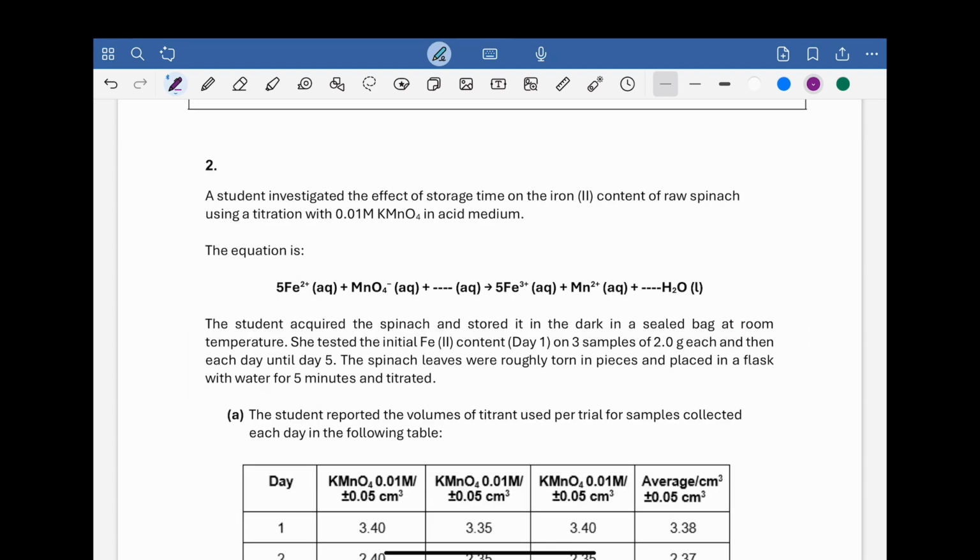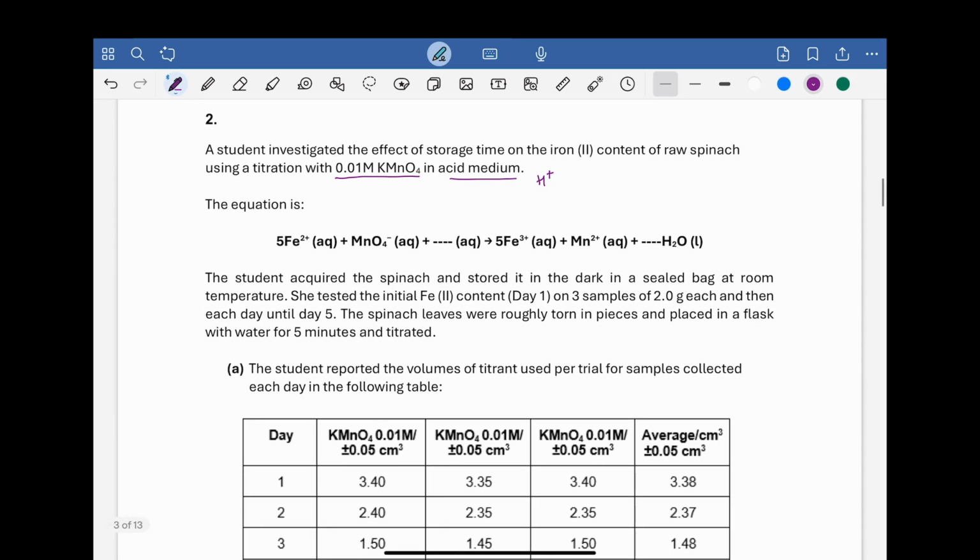2. A student investigated the effect of storage time on iron 2 content of raw spinach using a titration with 0.01 mole per dm cube KMnO4 in acidic medium. The equation is given. The student acquired the spinach and stored it in the dark in a sealed bag at room temperature.